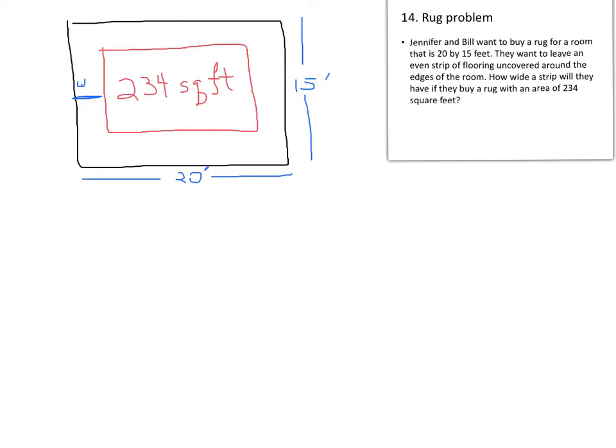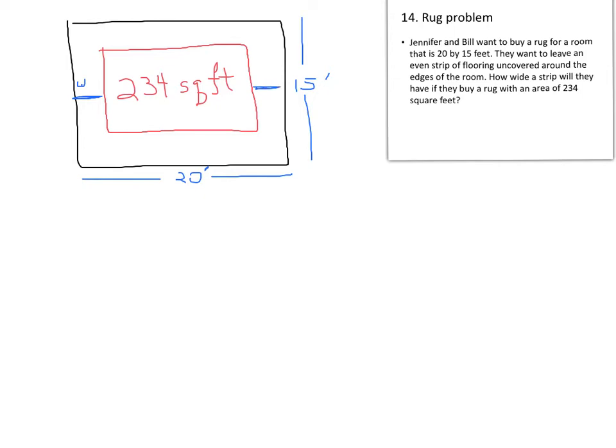So what we could do is see if we know what the sides of the rug are in terms of W. So we know that the length of the rug is 20 feet minus 2 times W, because W is on the left and W is also on the right.